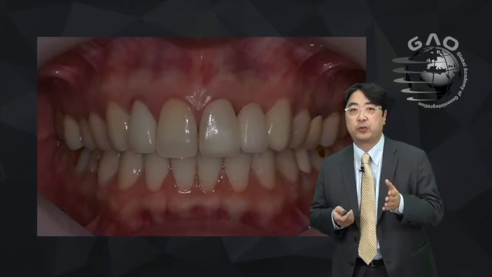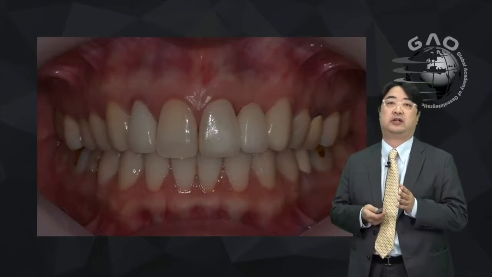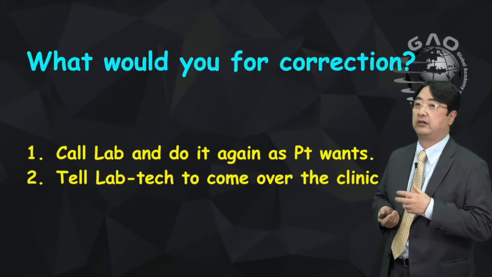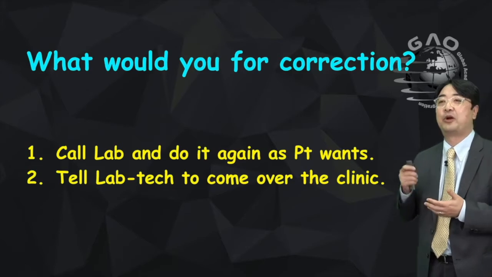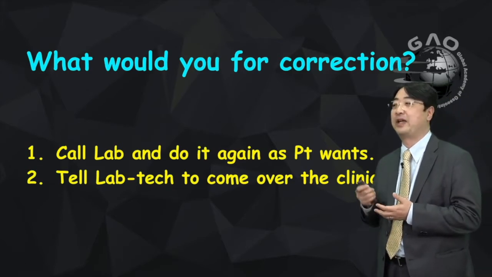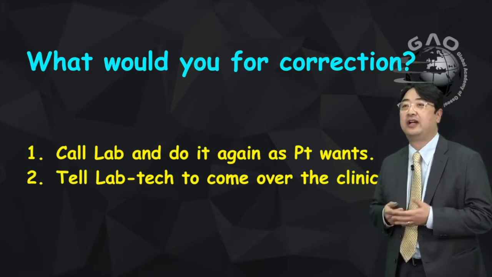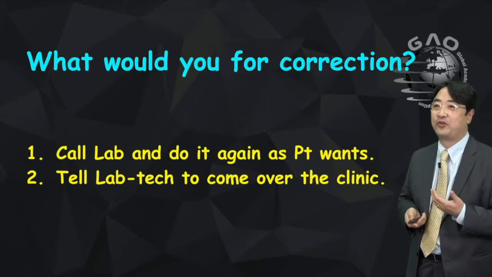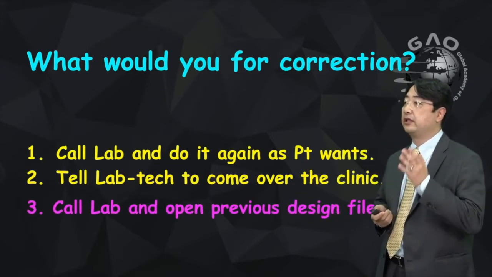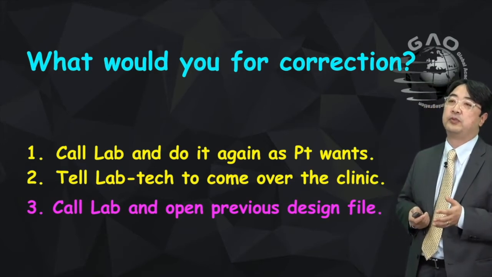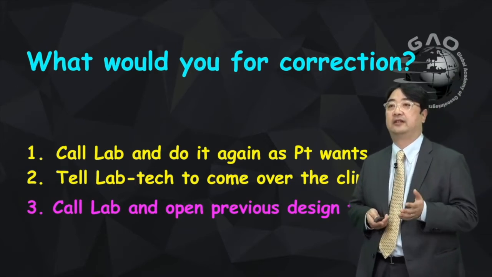At this point, what are you going to do? You can call the lab technician and tell him to do it again as the patient wants, or ask the lab technician to come over to your office. This is what I did: I called the lab and asked him to open the previous design file.